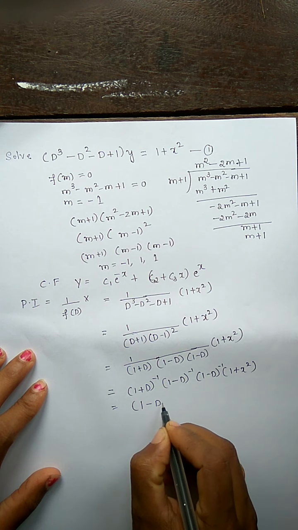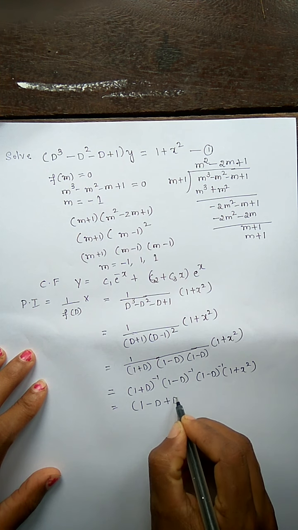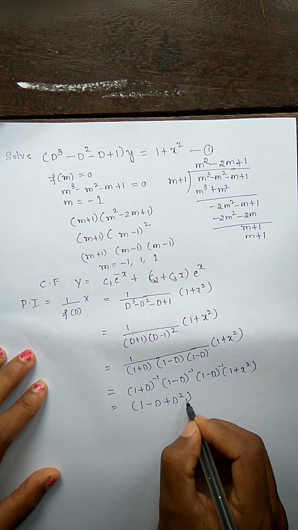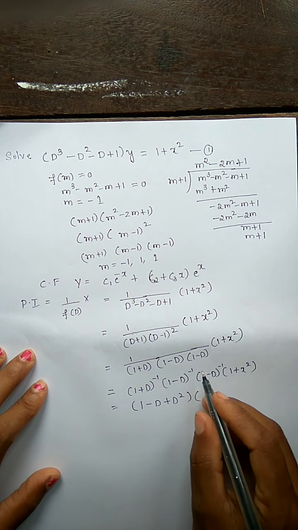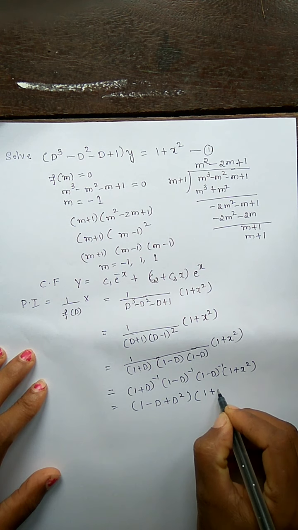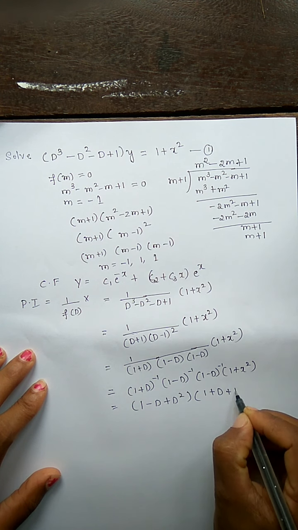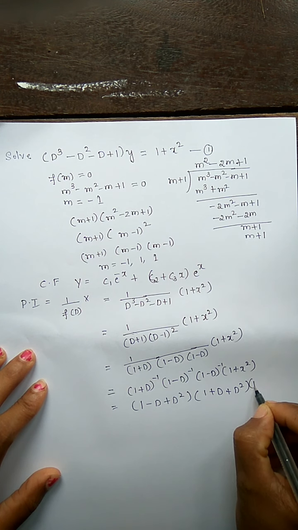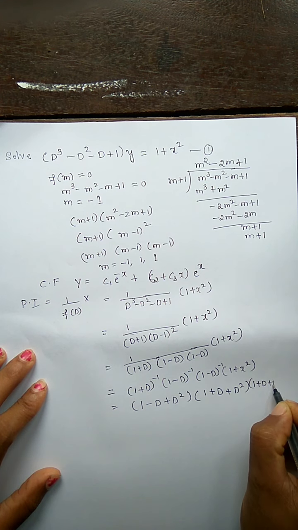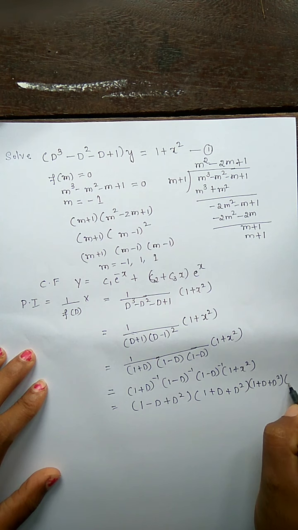So 1 minus D plus D square. Next, for (1 minus D) power minus 1 it is 1 plus D plus D square. For the second one also it is the same, 1 plus D plus D square into 1 plus x square.